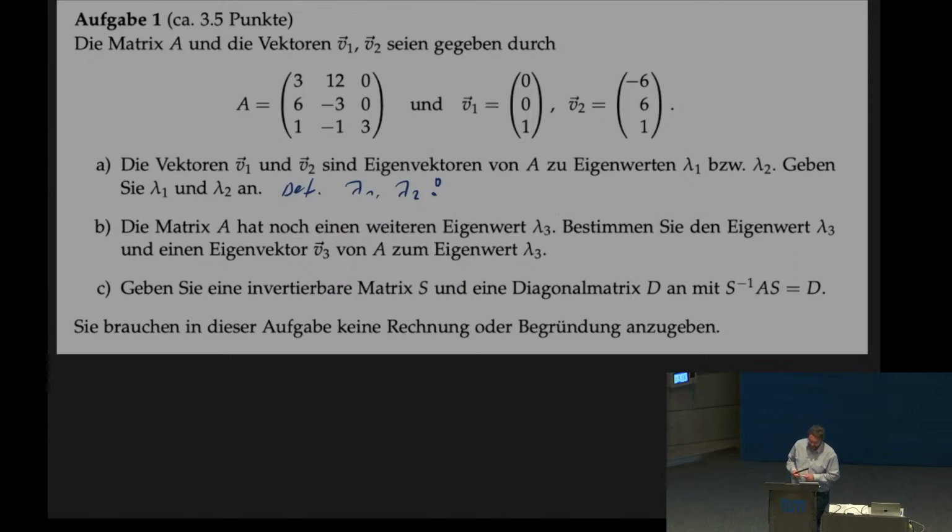Second part of that question, the matrix A has another eigenvalue, lambda 3. And the question is, determine lambda 3 and also determine an eigenvector V3 that belongs to that eigenvalue. And finally, determine an invertible matrix S, invertierbar is invertible, and a diagonal matrix D with this property. I also think that doesn't need much translation.